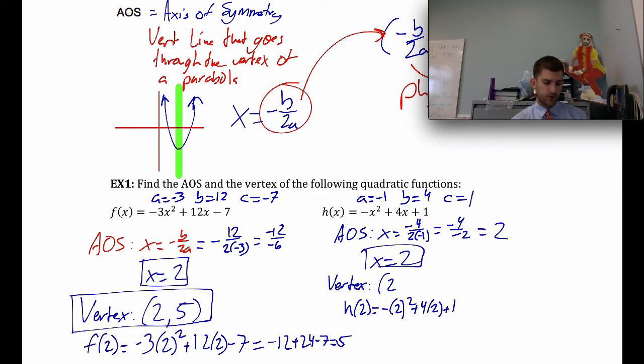Well, 2 squared is 4, so negative 4 after we make it negative, plus 4 times 2 is 8, plus 1. After we clean it up, we get 5. So we have the coordinate (2, 5). So we coincidentally have the same axis of symmetry and the same vertex for these two equations.